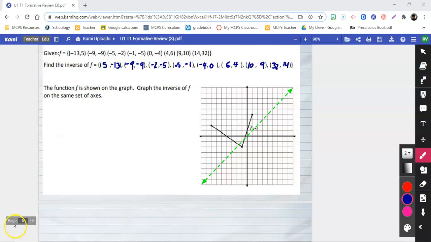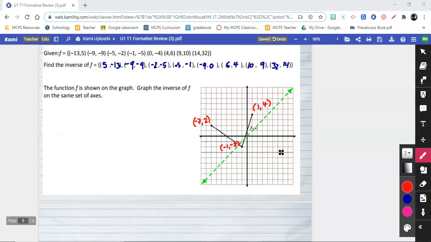Another scenario that we can apply the inverse relation is when you are given the graph. Let's graph the inverse of f on the same set of axes. Sometimes it will be helpful to identify at least 3 distinct points. In this case, we have positive 1, 4, negative 1, negative 2, negative 7, positive 2.